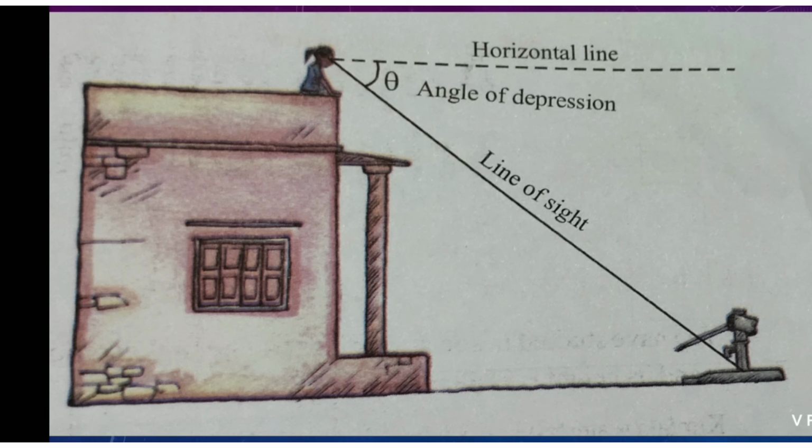So we have to observe the base of the bore well. Then the line of sight from her eye to the base of the bore well is below the horizontal line from her eye. So the angle between the line of sight and the horizontal line is called the angle of depression. So once again I discussed these two figures, which are very important from an exam point of view. They may ask definitions for 1 mark or 2 marks.